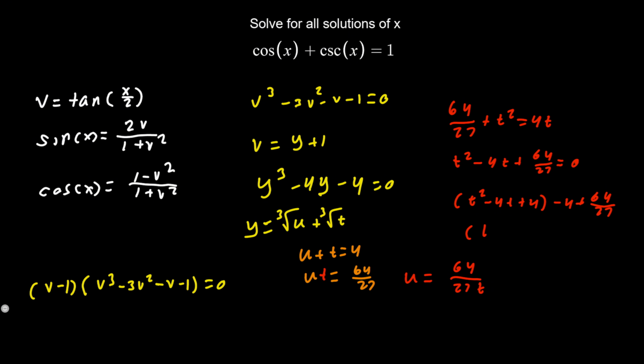And this will just be t minus 2 squared, and then plus 64 minus 108, which is going to be negative 44 over 27, and that is equal to 0. We add it to both sides, and t is going to be equal to 2 plus or minus root 44 over 27.